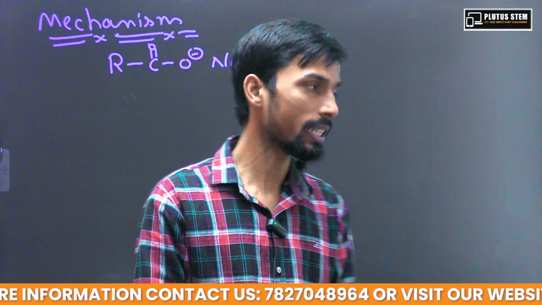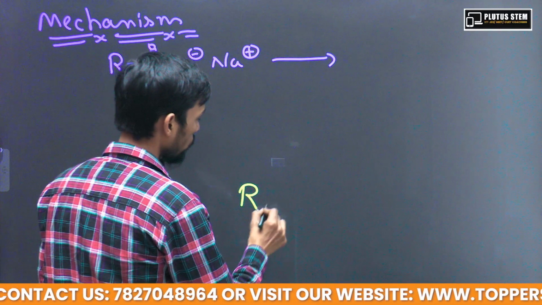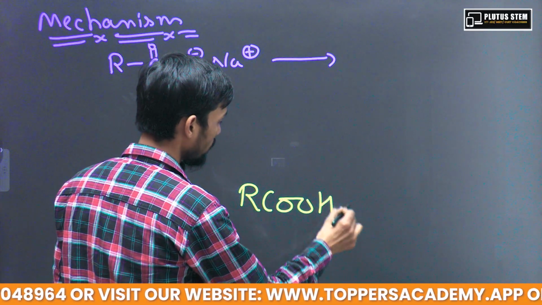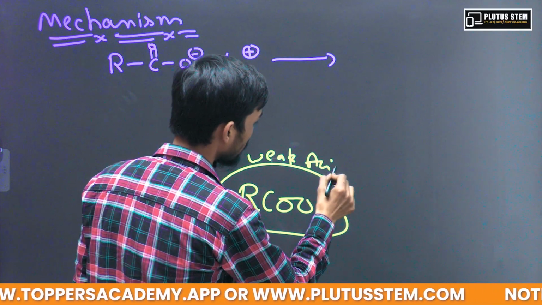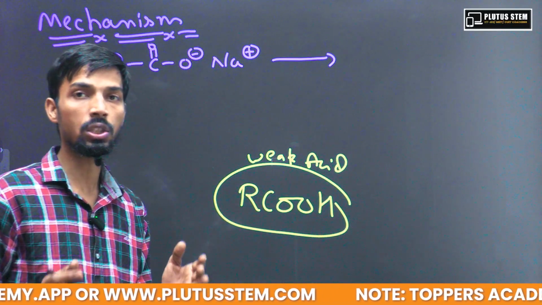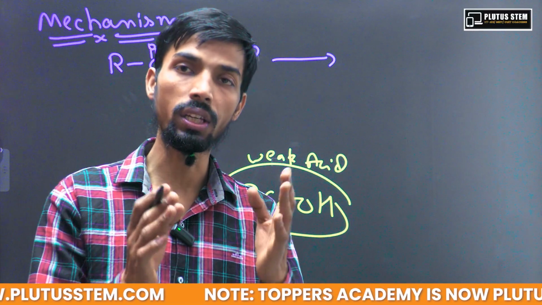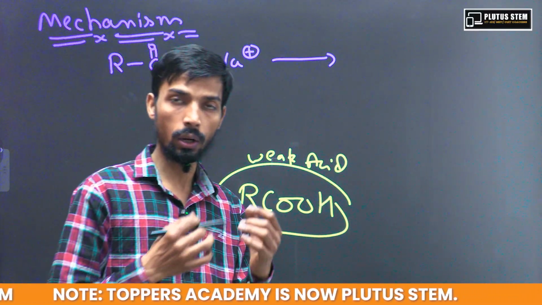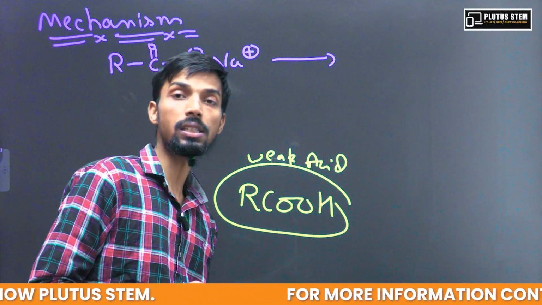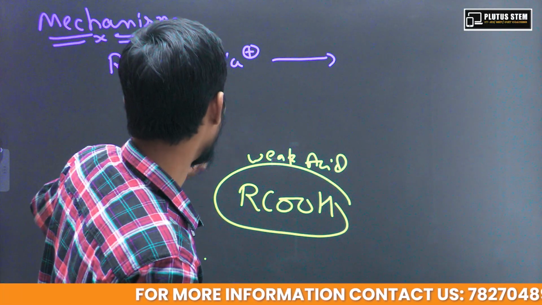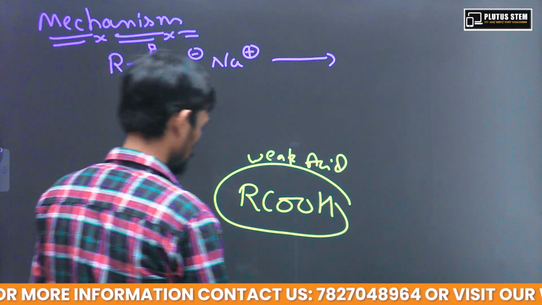If we are simply using RCOOH, that is a weak acid, so breakdown of this acid is not that good. We know weak acids do not break down in a good quantity. So to break down in a good quantity, we have made the salt of this weak acid, RCOONa.